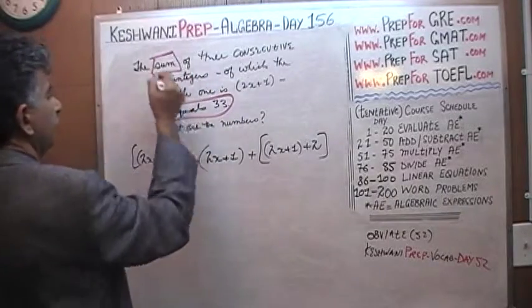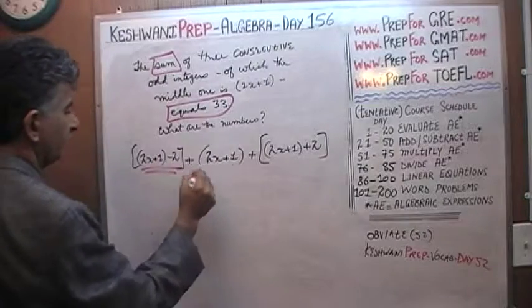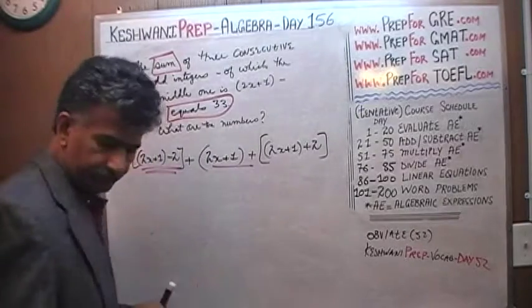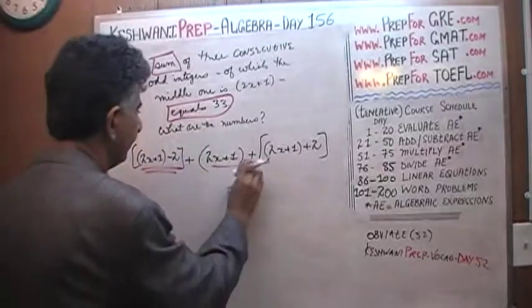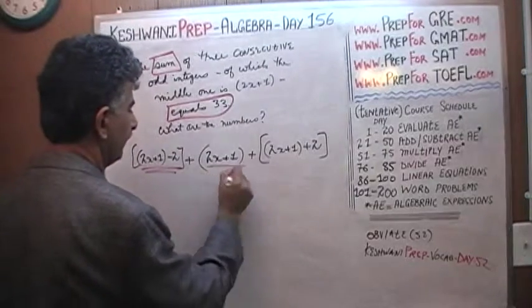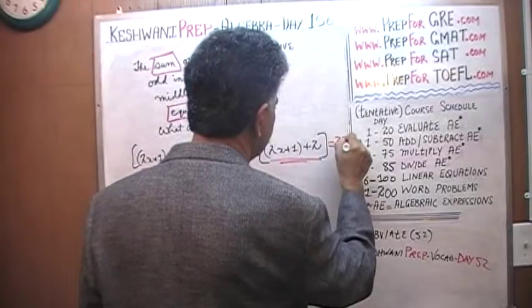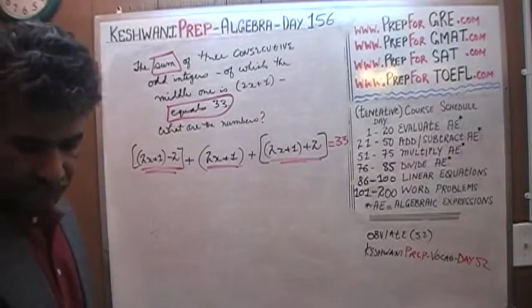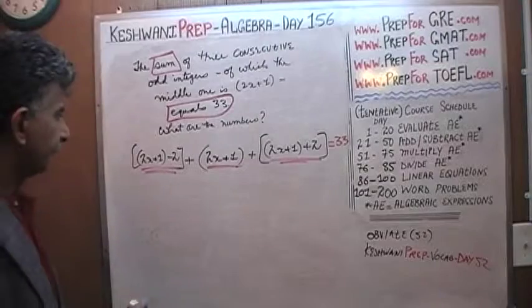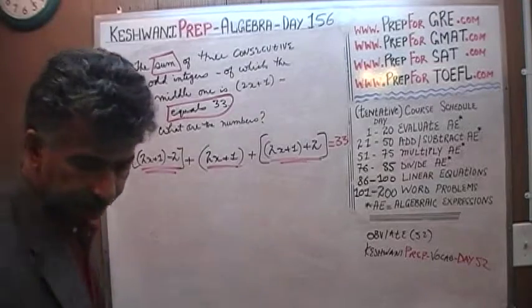So the sum of this number, the middle one, which is 2x plus 1, this guy right here, and this guy equals 33. All you have to do is simplify this equation and solve for x. That's all.